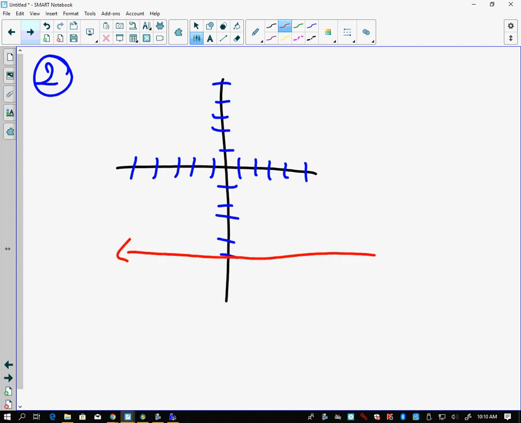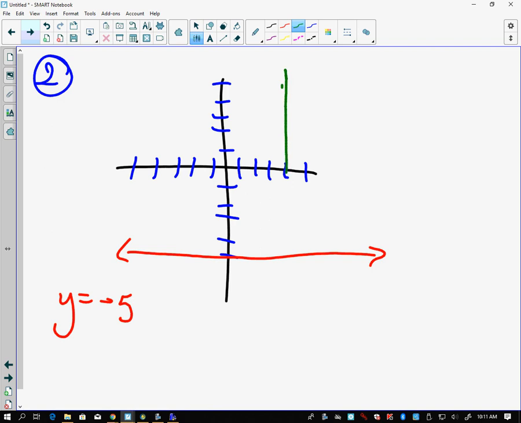What is the equation of that line? This isn't an inequality. y equals -5. Very good.